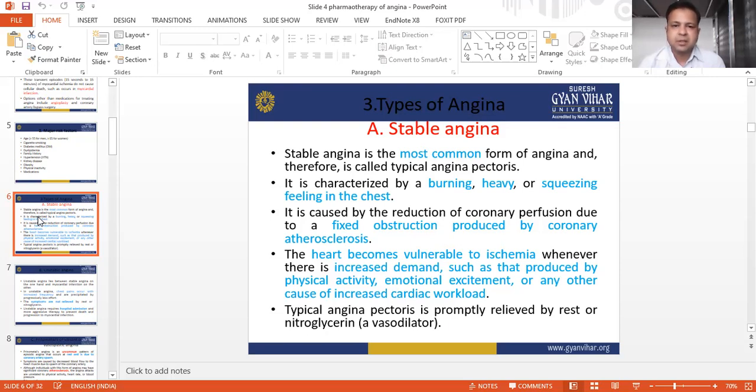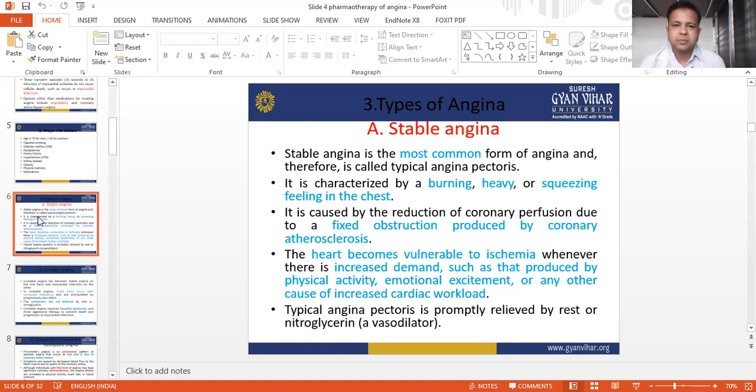It is characterized by a burning, heavy, or squeezing feeling in the chest. It is caused by the reduction of coronary perfusion due to a fixed obstruction produced by coronary atherosclerosis.